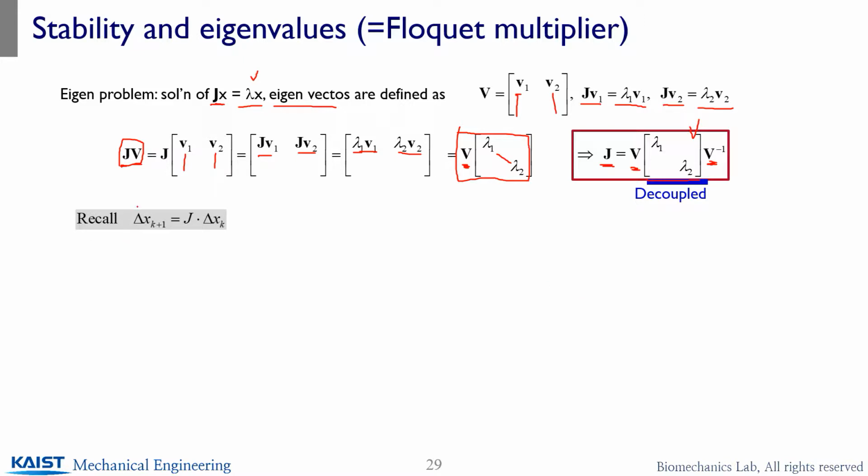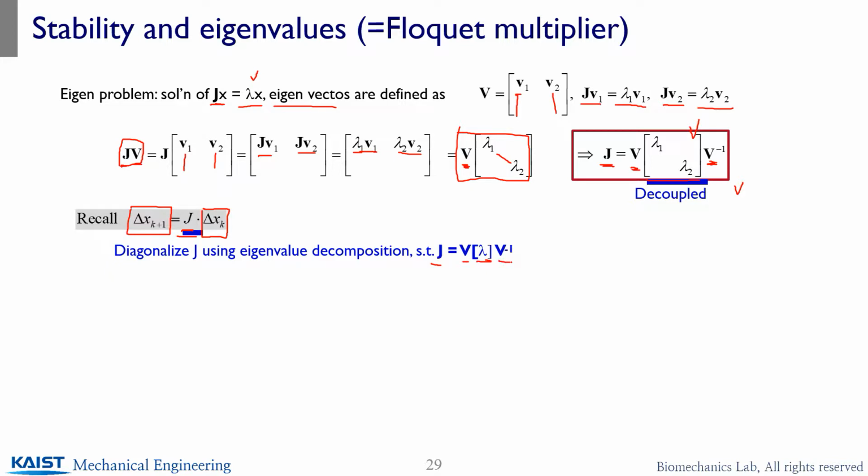So coming back to the original stability derivation, the next step's deviation is a function of the previous step's deviation multiplied by the Jacobian. So let's apply the eigenvalue decomposition to J. J is decomposed into V, Lambda diagonal, and V inverse.